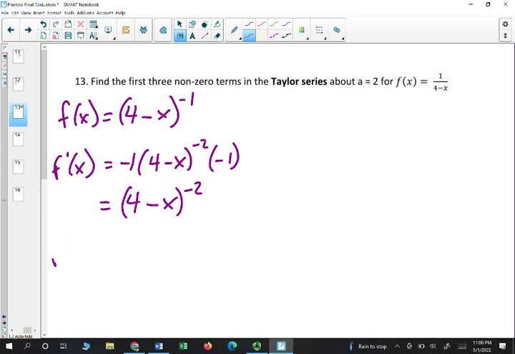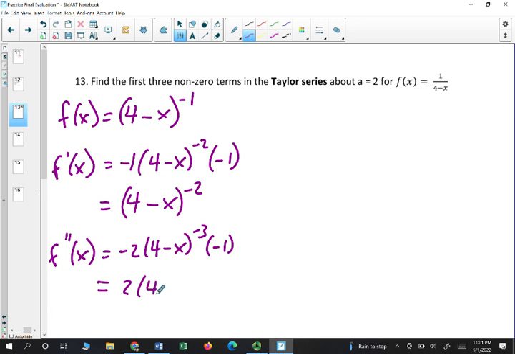Okay, let's get the second derivative. So that would be negative 2 times 4 minus x to the negative 3 times the derivative of the inside, which is negative 1. Negative 1 times negative 2 is a positive 2. So 2 times 4 minus x to the negative 3.